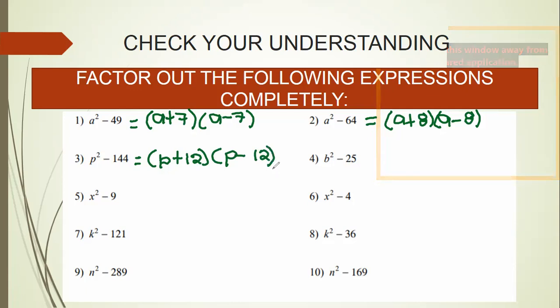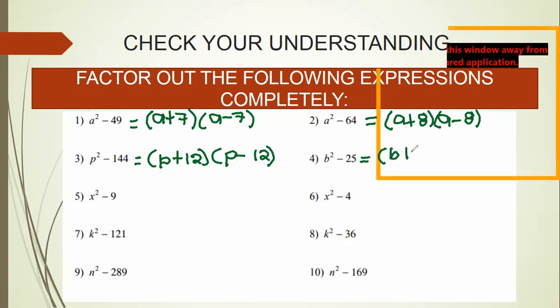Okay, so for number four, we have b squared minus 25. So the factored form is b plus 5 and b minus 5.